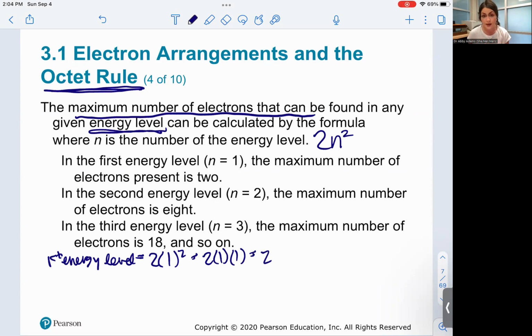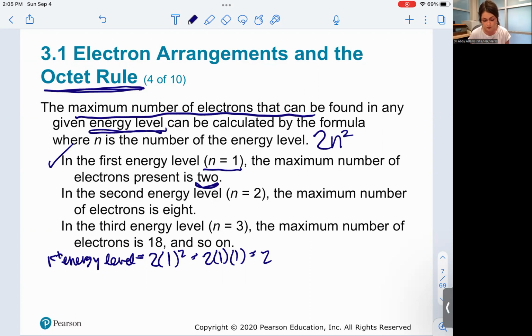So that means that is the maximum number of electrons that can be found in that energy level. All right, so for the first energy level, 1, the maximum number of electrons that can be present is 2. Okay, so if you have 2 electrons that are filling up that energy level, you're going to have some stability going on. And if that atom is more stable, it's less reactive, it's complete, it's comfortable. All right.